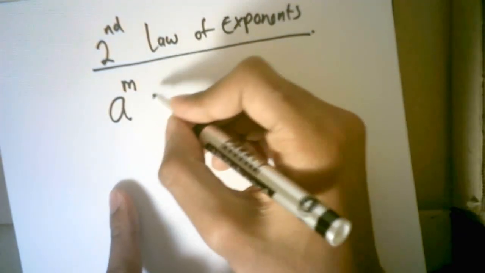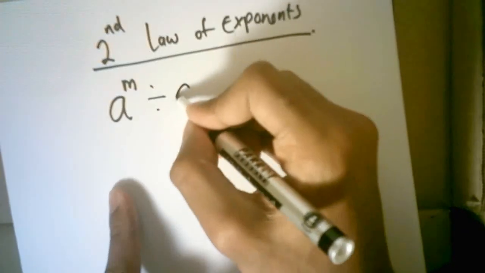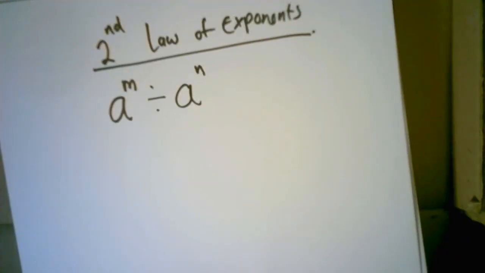So it's a raised to the power of m divided by a raised to the power of n. Now this looks slightly different from our first example. In the first example, we said when multiplying and the bases are the same, we add the exponents together. In this case, we are dividing and the bases are the same. What do we do to the exponents?